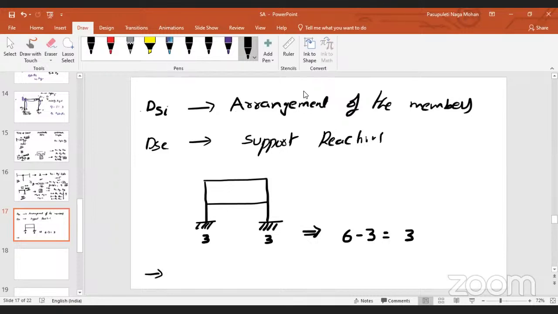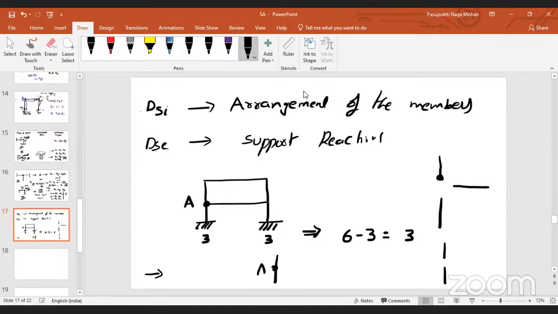But if you look at this joint, joint A, and if I separate at that point, in one case, let us assume that 3 members are connected. In another case, let us assume that only 2 members are connected. And again, I am separating them.